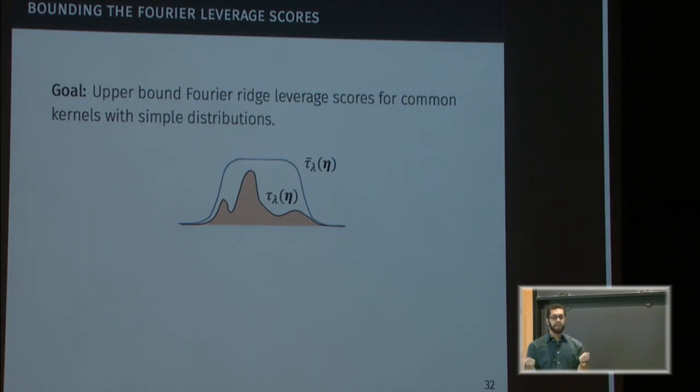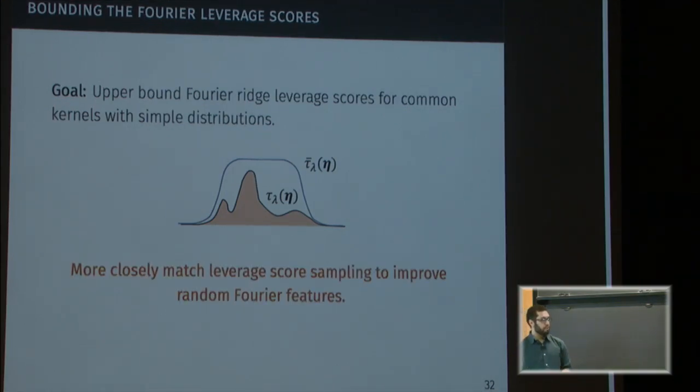If we sample by the probabilities in our simple to represent distribution, tau lambda tilde, we only get oversamples of the columns. So we'll still get the very strong approximation guarantees, but this is something that's actually feasible to sample by, and hopefully we can do quickly. The better we match the leverage score distribution, the better our approximation will be.